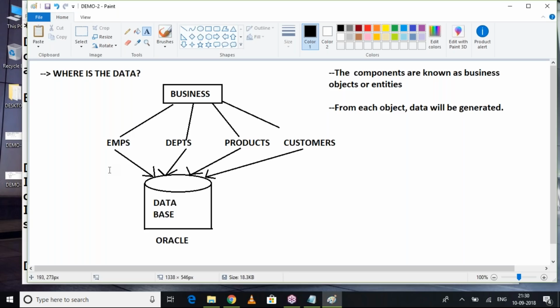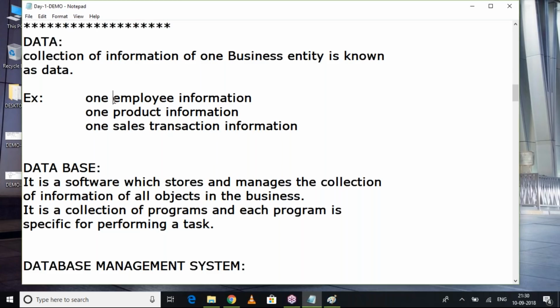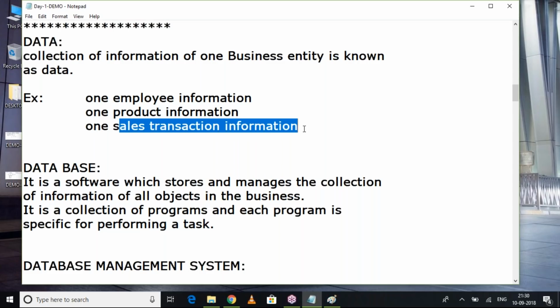So information related to one object is called data. Like any one employee's information, any one product's information, any one sales transaction, any one debit transaction, any one credit transaction, any transaction information. So one line of information is called data.